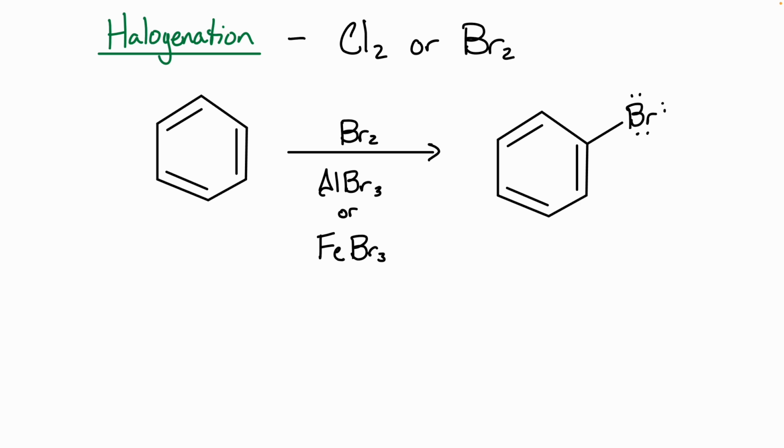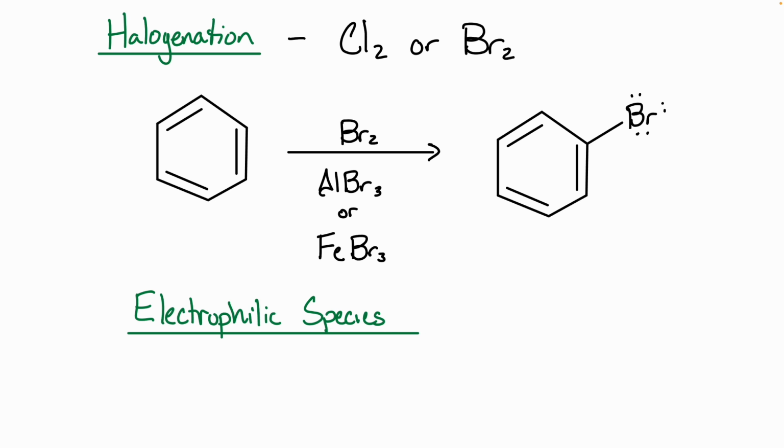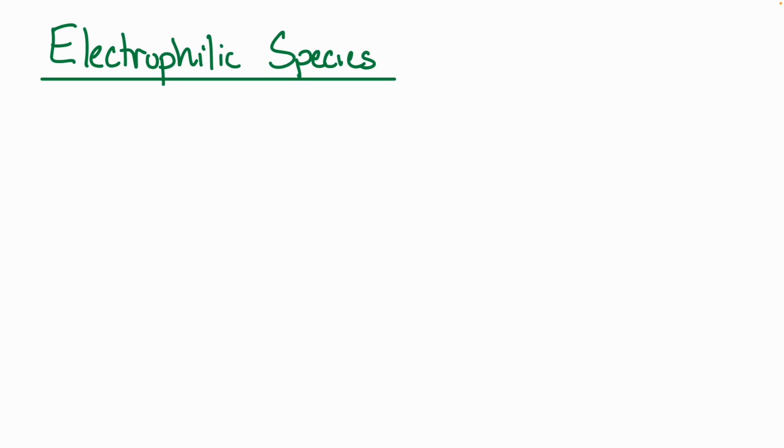Importantly, this is going to turn our electrophile, that bromine, into a much better electrophile than it is all by itself, what we would call the electrophilic species in this reaction. What happens is that bromine ends up forming a complex with that metal compound that would look something like this.